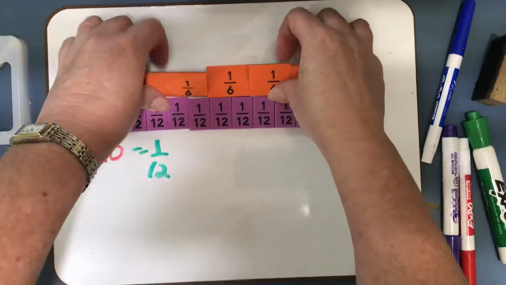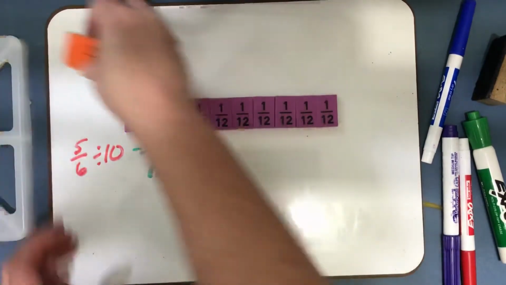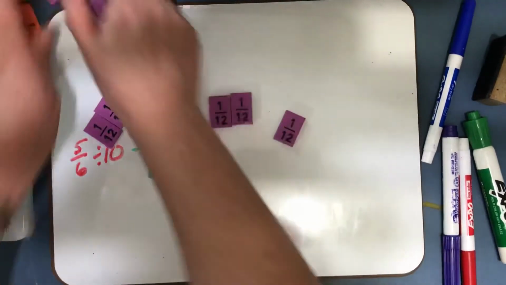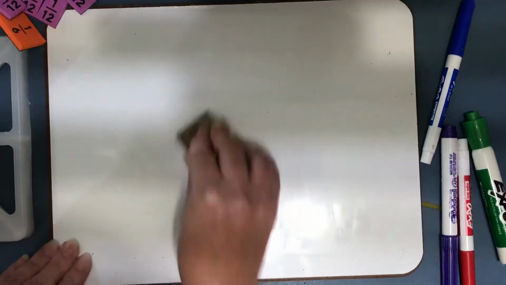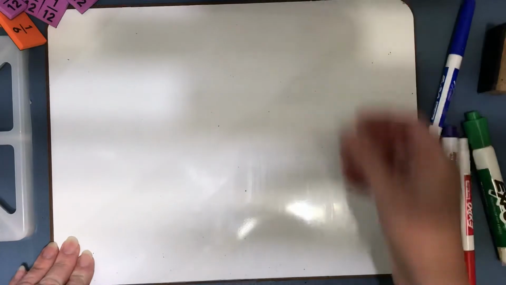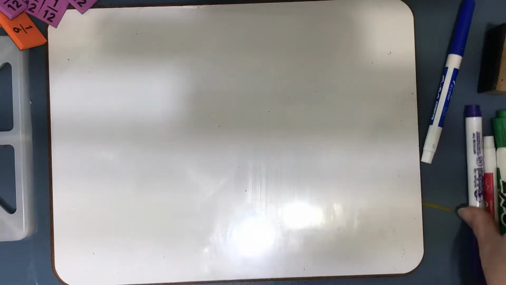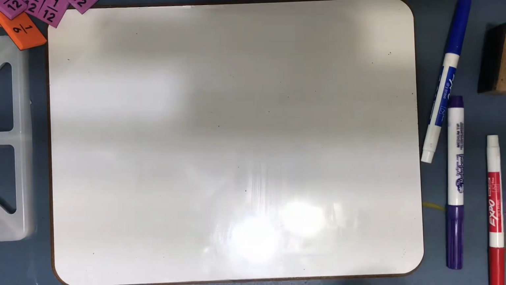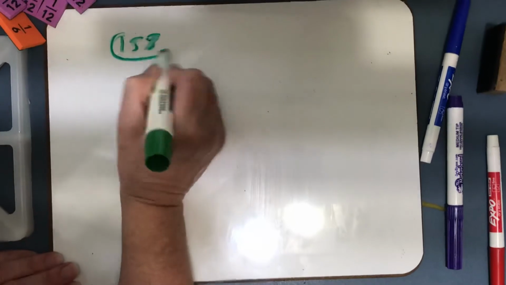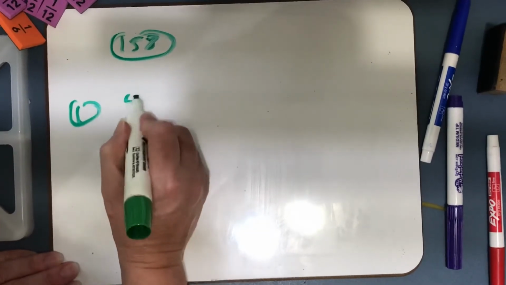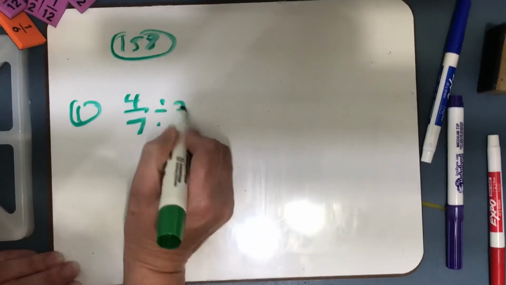All right, let's look in your workbook on page 158 on dividing fractions by whole numbers. We do this just like dividing unit fractions by whole numbers, and just like dividing whole numbers by fractions. You have to multiply by the reciprocal of your divisor. So on page 158, number 1 says 4/7 divided by 3.